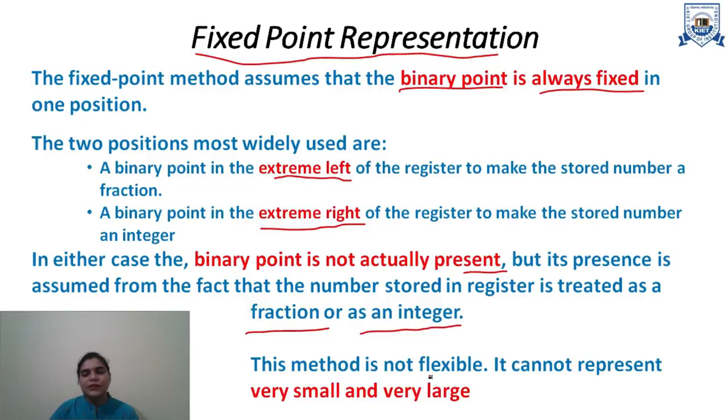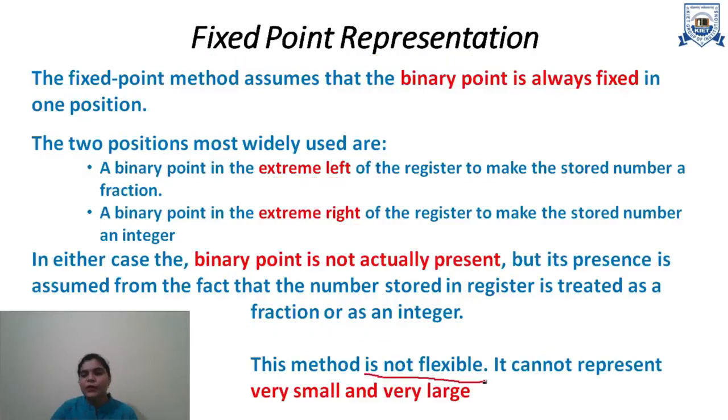This method is not flexible because we have fixed the position of the binary point and we have limited capacity of registers, so we can represent only a limited range of numbers. This method cannot represent very small or very large numbers.